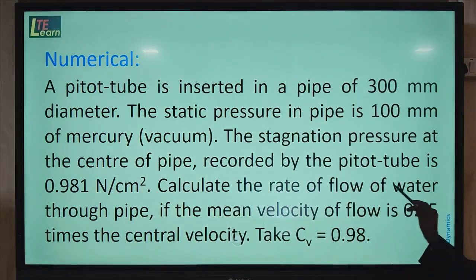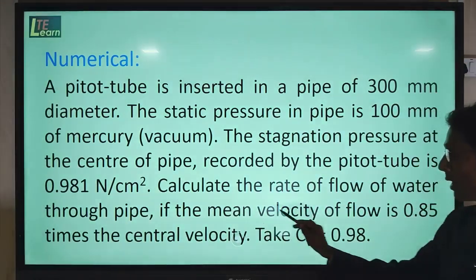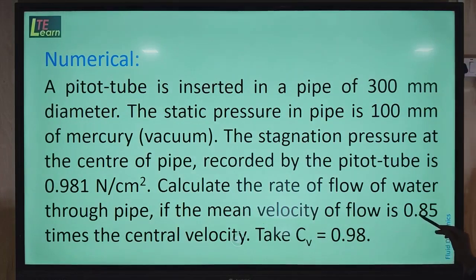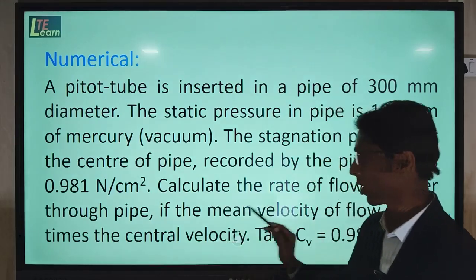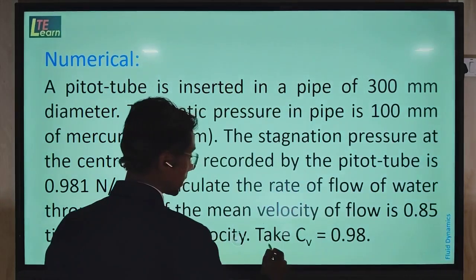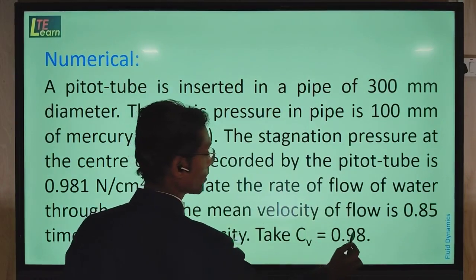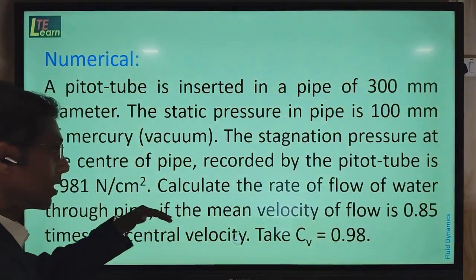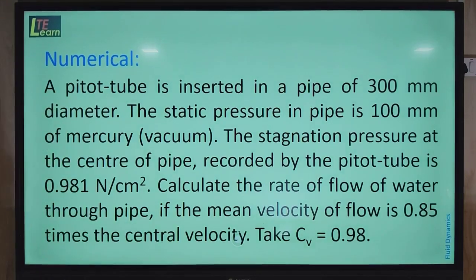Calculate the rate of flow of water through the pipe if the mean velocity of flow is 0.85 times the central velocity. Take the value of CV, that is hydraulic coefficient, as 0.98.